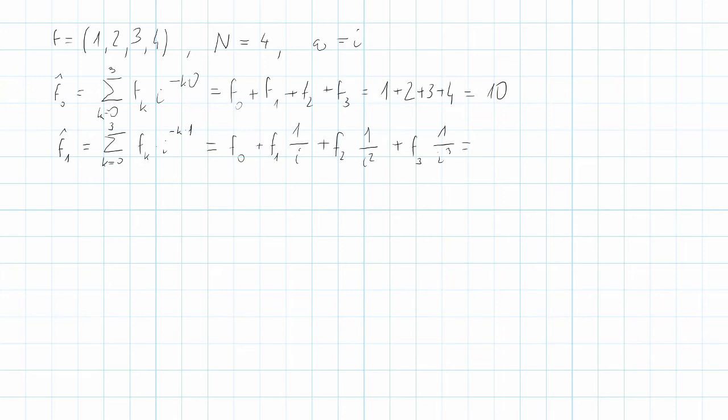So what is this? It's 1. Now 1 over i is minus i, so it's minus 2i. f2 is 3, i square is minus 1, 1 over minus 1 is minus 1, so it's minus 3. And 1 over i cube is i again, so it's plus 4i.